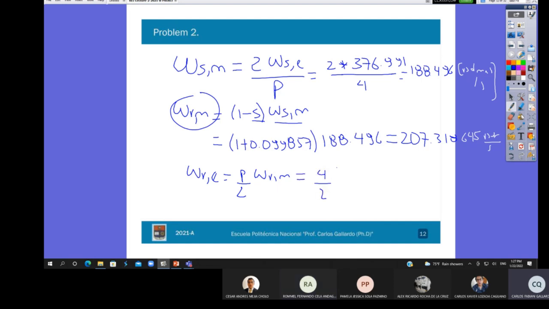And the mechanical speed we have already computed, 207.318,645. So the electrical speed is equal to 414.636,439 electrical radians per second.